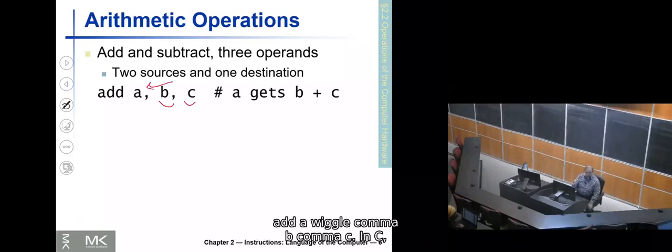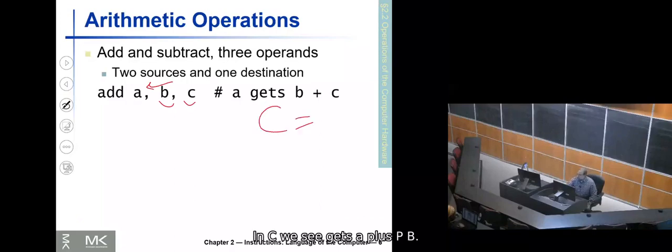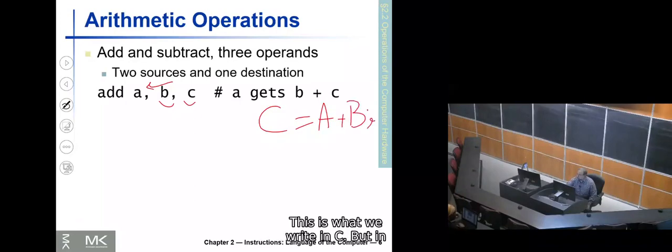Add A, comma, B, comma, C. In C, we write like that. In C, we write A gets B plus C. This is what we write in C. But in assembly, add A, comma, B, comma, C. Okay?